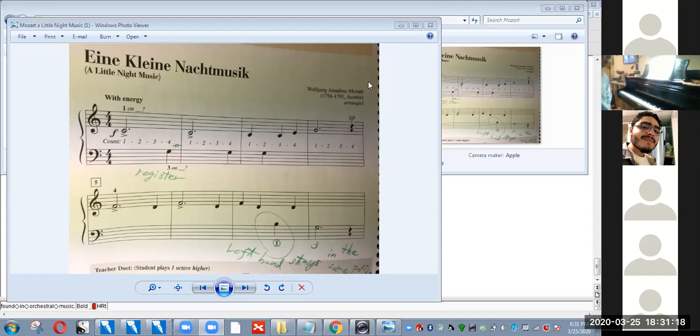The four bars, right? So the first pitch is middle C. That's a little bit higher.